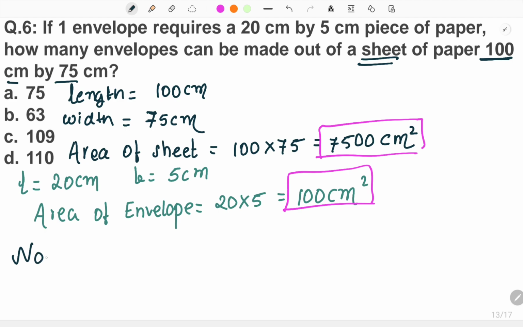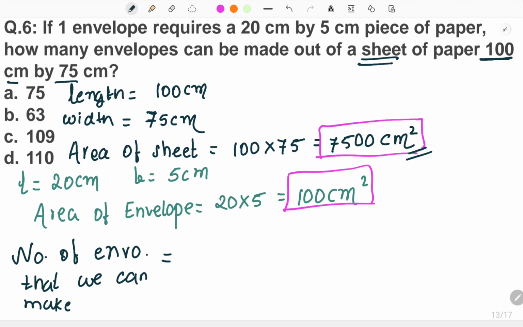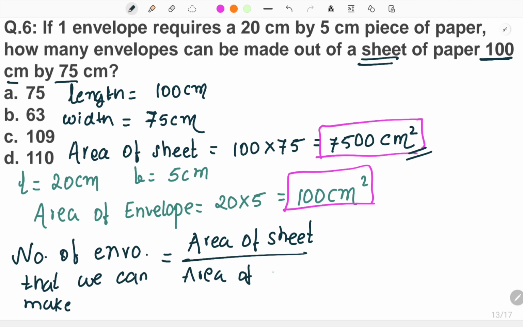Look here, the total number of envelopes that we can make out of this sheet of area 7500 will be the area of sheet, that is 7500, divided by area of one envelope.